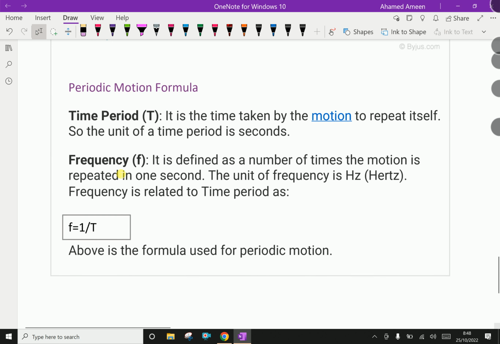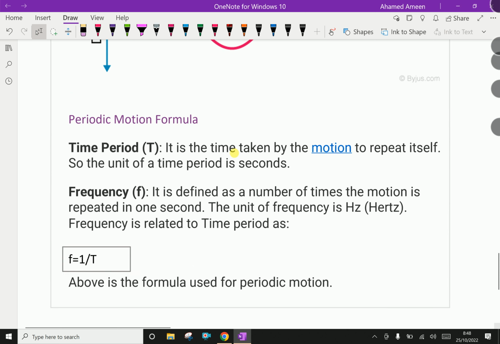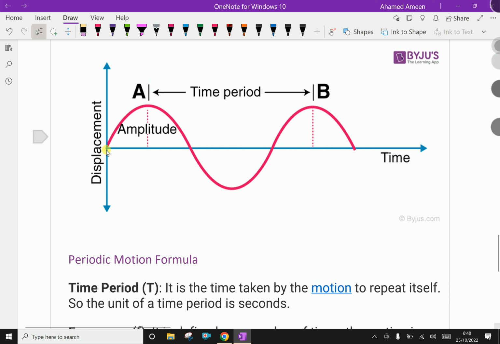Now the periodic motion formulas. First we will derive the time period. What is time period? It is the time taken by the motion to repeat itself. So the unit of the time period is second. Here the point starts from here, goes up and comes back to this position.